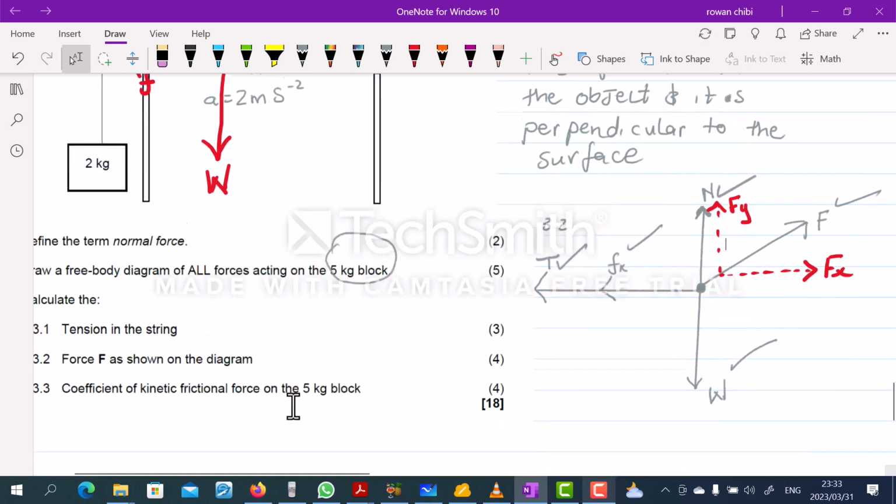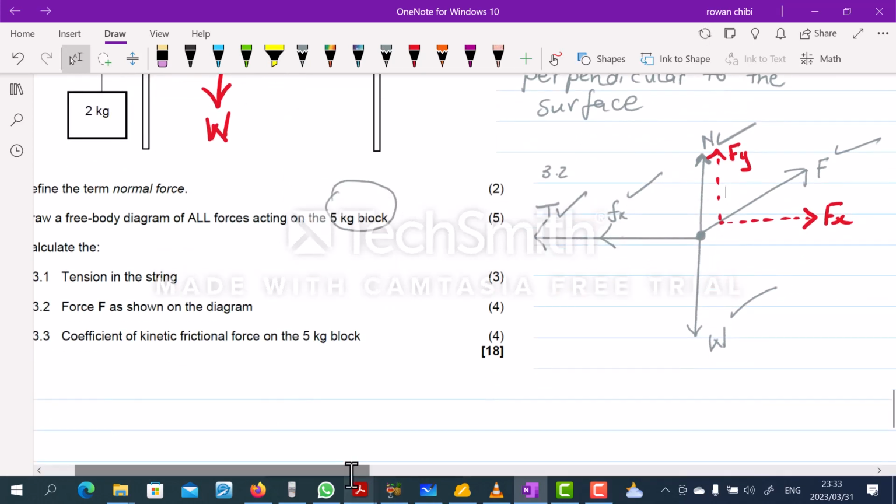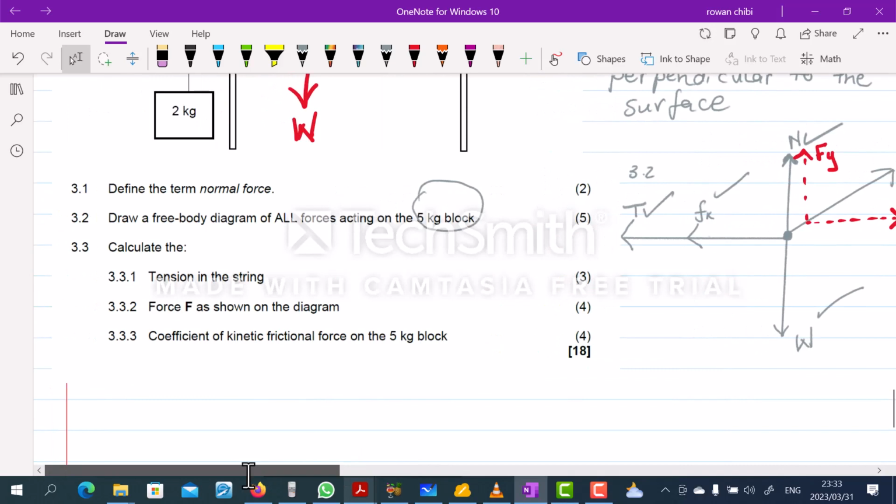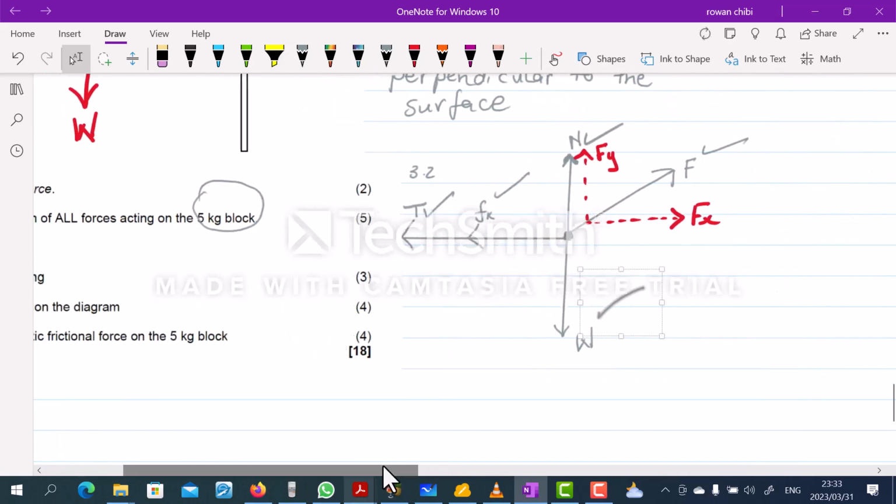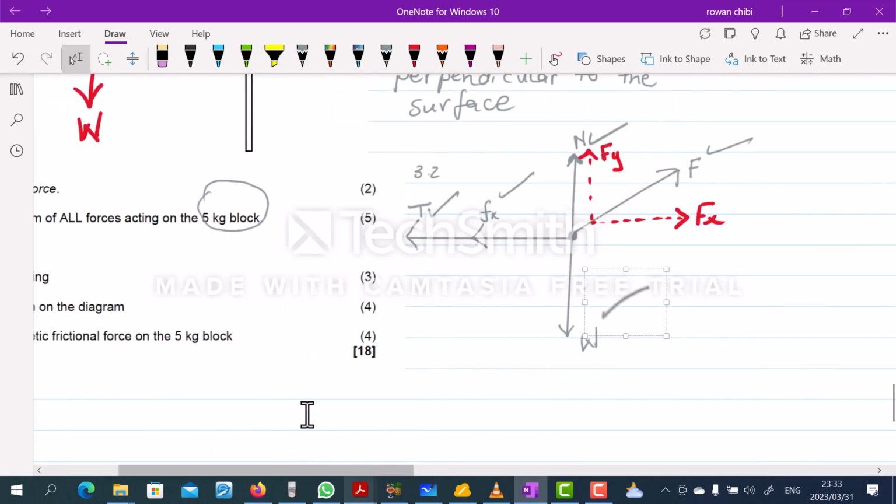So let's look at the following question. 3.3.1 Calculate the tension in the string. Now they want us to calculate this one, the tension.